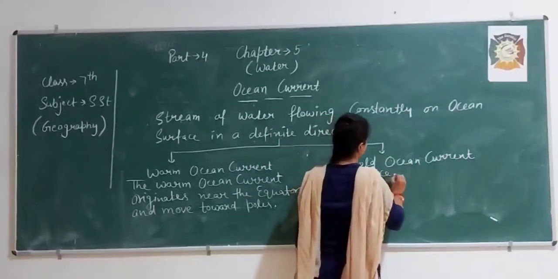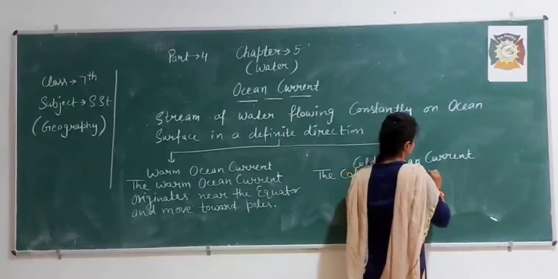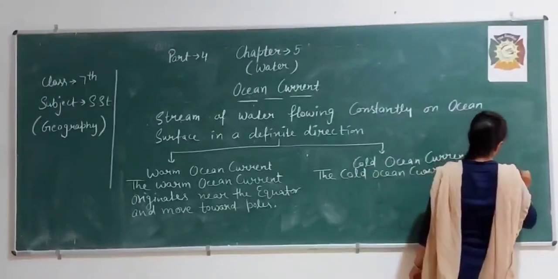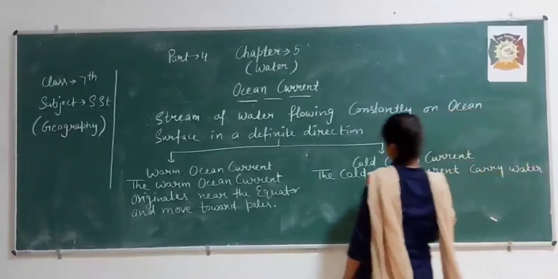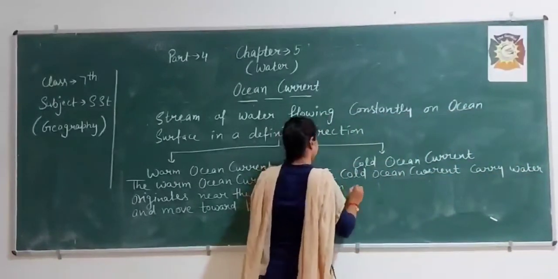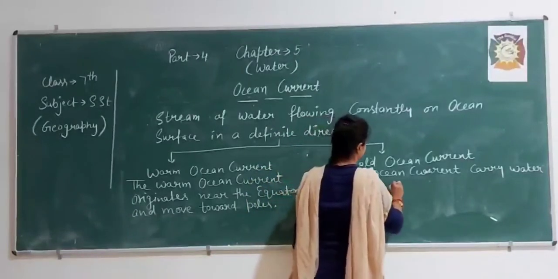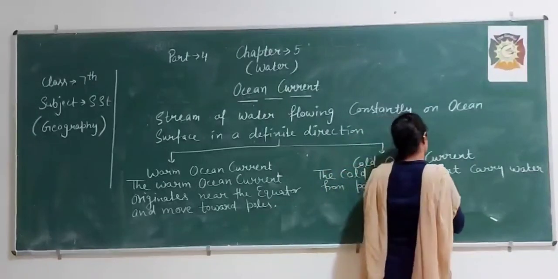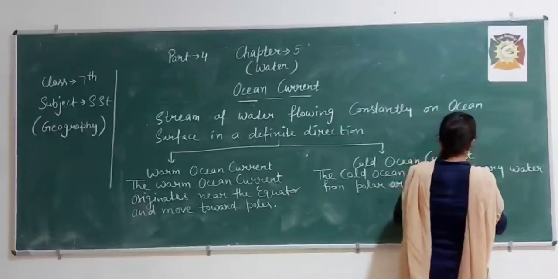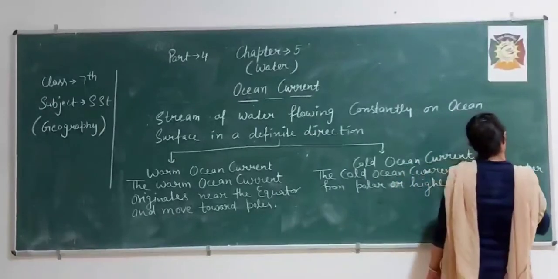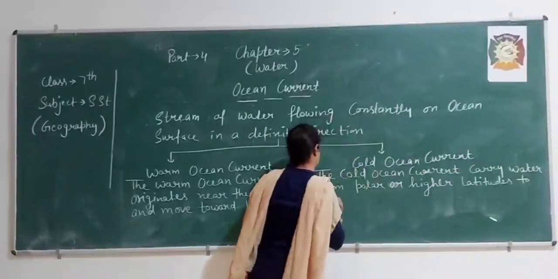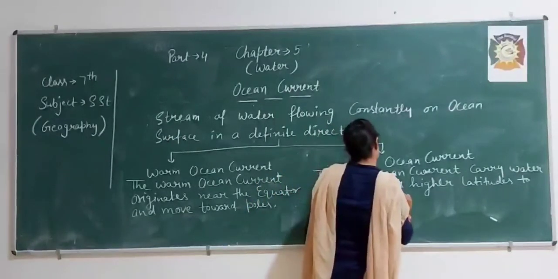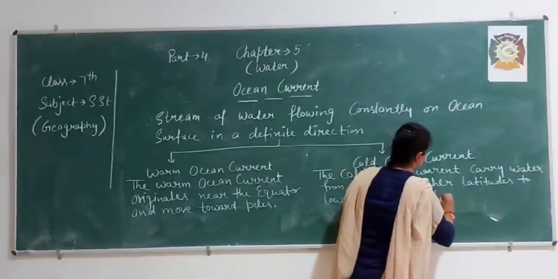The cold ocean current carries water from polar and or higher latitude to lower latitude or tropical.